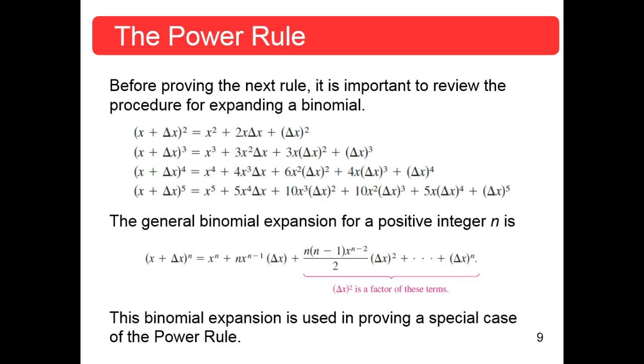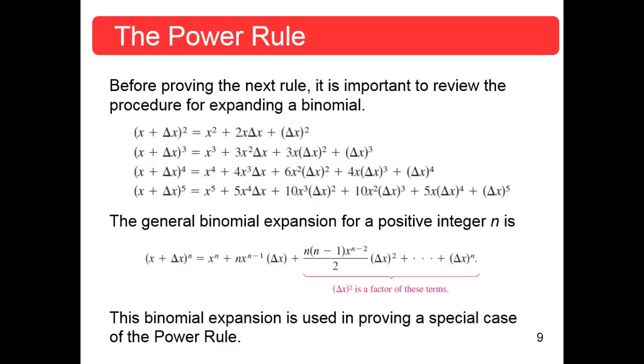Remember, 5 times 1 would be 5, that would be n. x to the n minus 1, it drops by 1, delta x to the first power. Then you do the 4 times 5 is 20 divided by 2, that's because it's the second term. And then that would be, while they didn't have it down here, x to the n minus 2, delta x to the positive 2. And you keep going down.